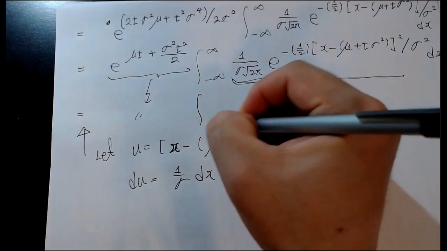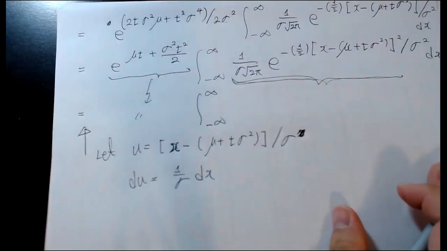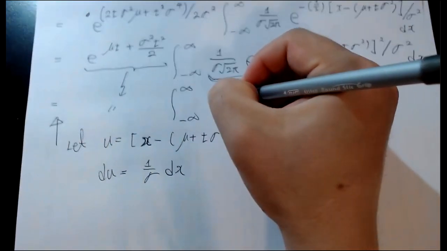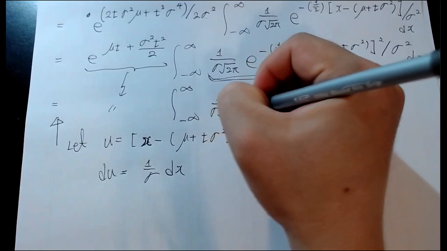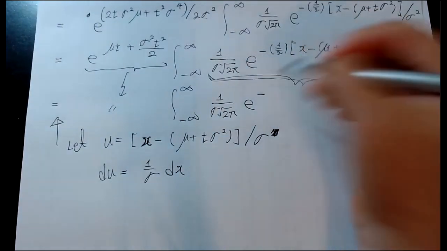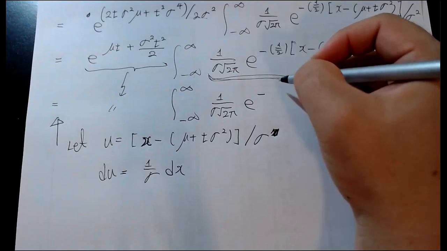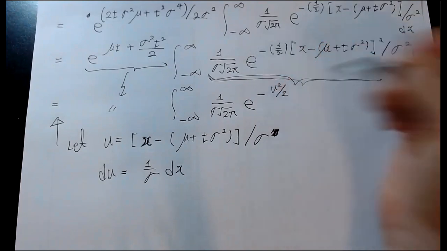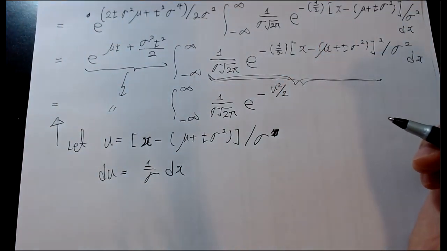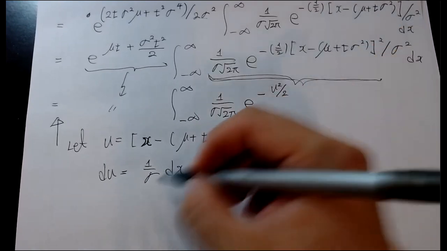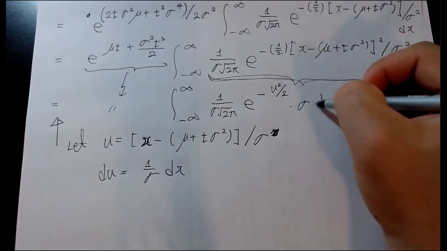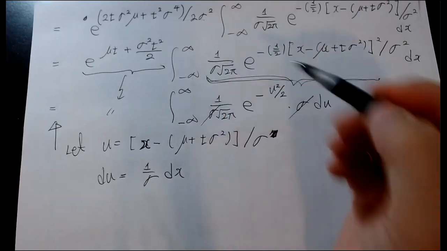So the lower limit and upper limit are still negative infinity and infinity. Okay. So in the 1 over sigma square root 2 pi e to the negative what? You're going to get u square over 2, right? Square. And then dx becomes what? Sigma du, right? So sigma cancels out.